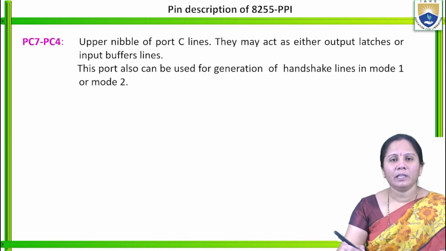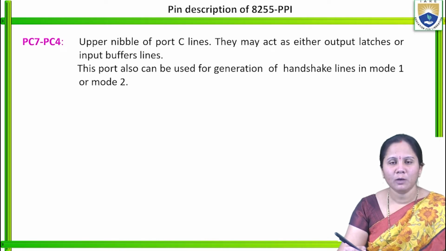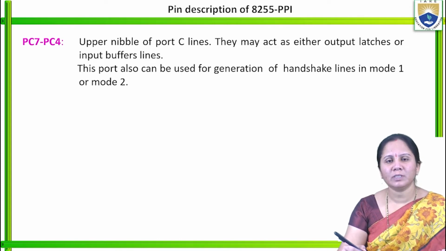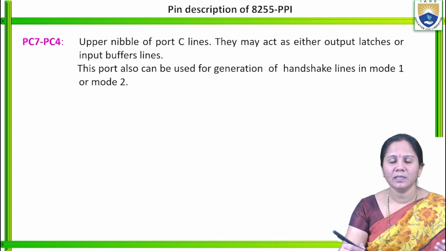Another port available in 8255 is port C. Port C is also 8-bit, but these 8 bits are divided into lower port C bits, 4 bits, and higher port C bits, another 4 bits.